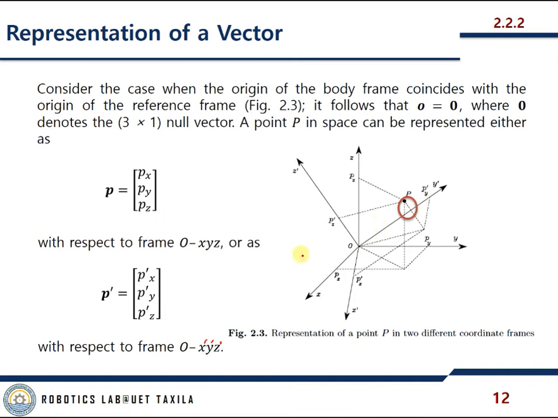If we represent this point P with respect to x, y, z, this is going to be px, py, pz, and if we represent this point P with respect to this frame, which is x bar, y bar, and z bar, we can represent this.